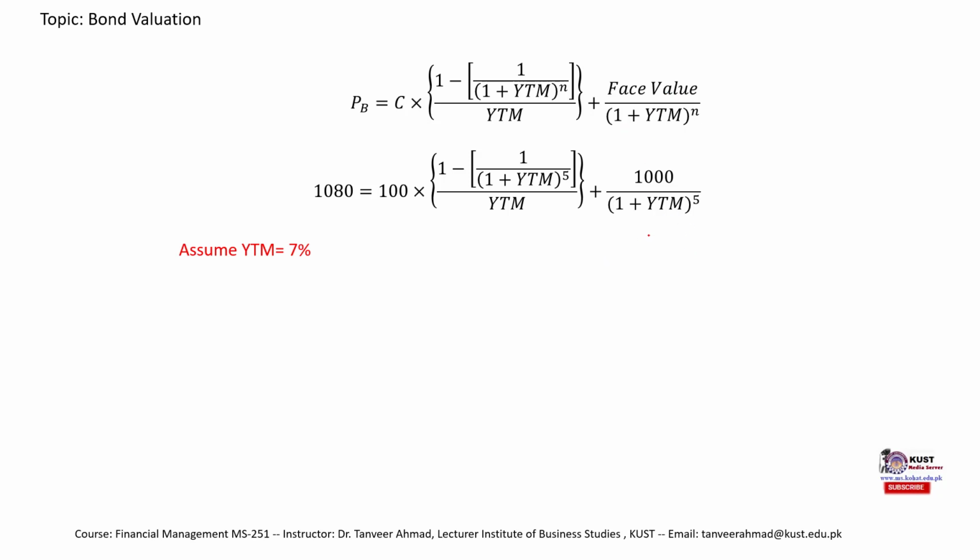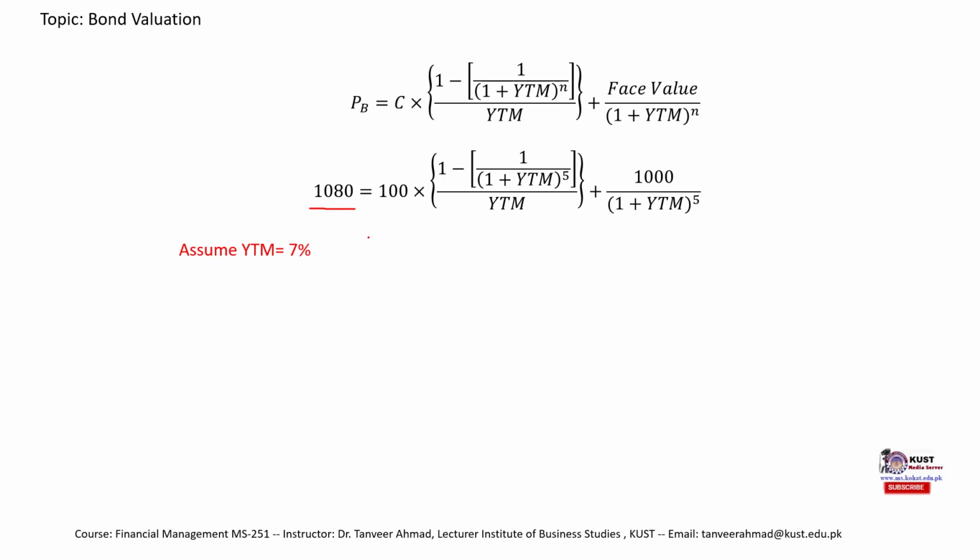This is our formula. Previously, when we were calculating the price of the bond, we were provided with the YTM rate, the yield to maturity rate. In this specific example, we know what the current price of the bond is. We know that.